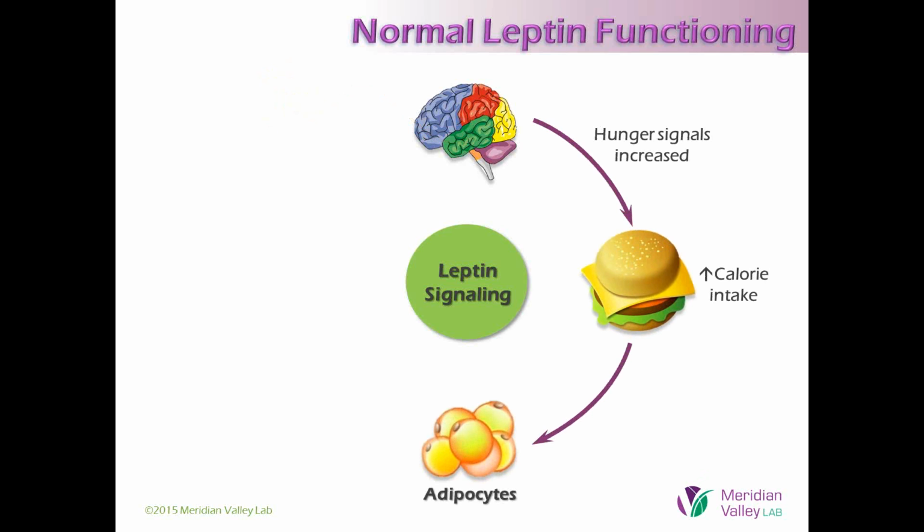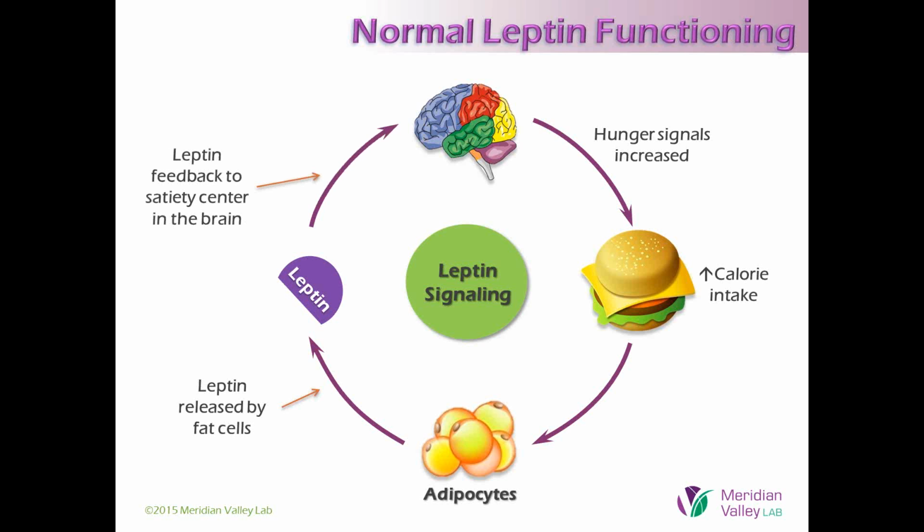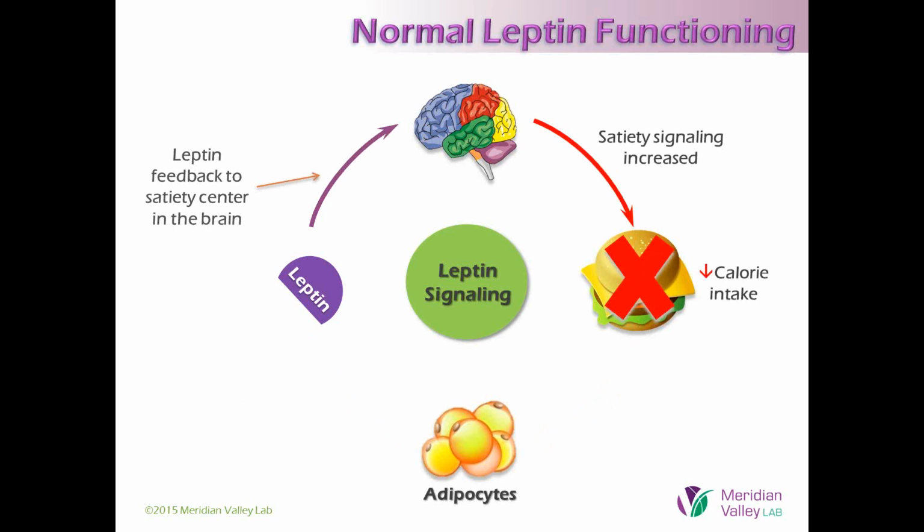And then, of course, with the increase of calories, we're going to do some deposition of fatty acids into adipocytes. The adipocytes are going to, in turn, release leptin. Leptin will feed back to the satiety center in the brain and tell us that we're full now, we can stop eating. So that's how it's supposed to work.